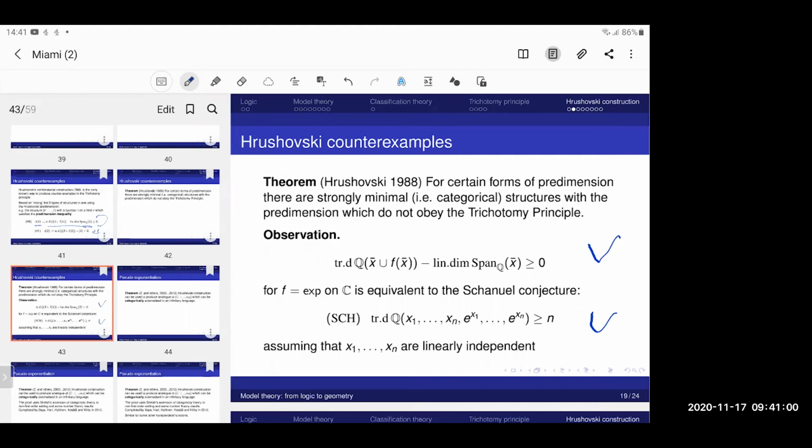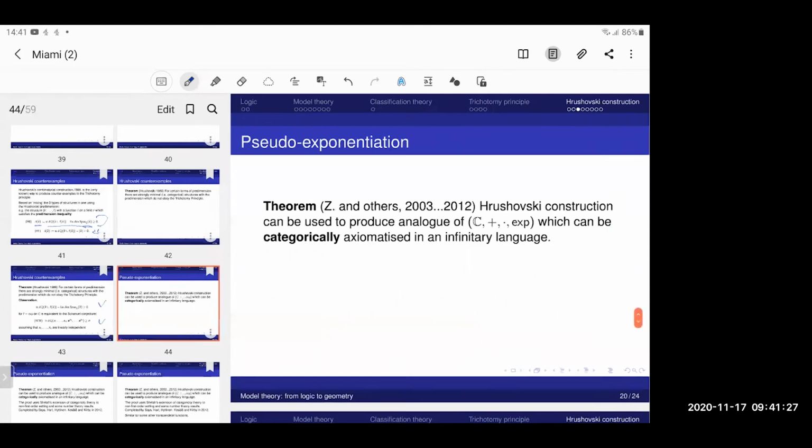This was an important moment where we started to realize that what Hrushovski introduced by his fully abstract, combinatorial methods and combinatorial thinking is something that is deeply rooted in classical mathematics.